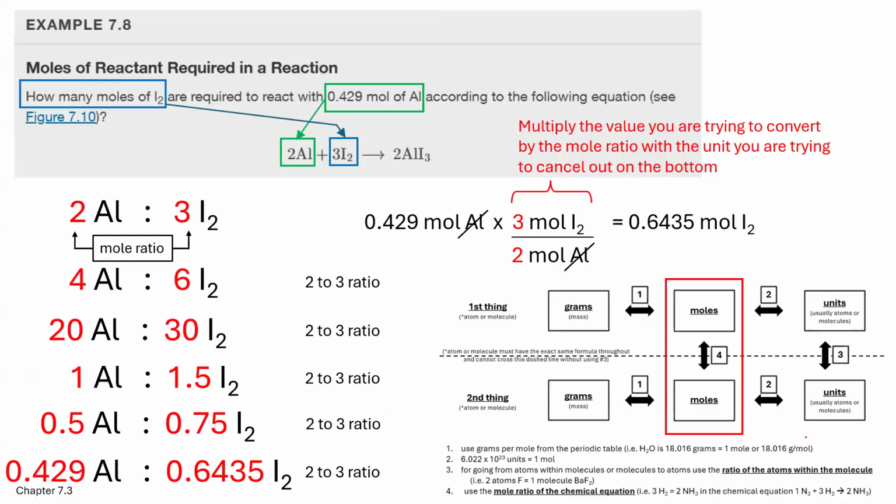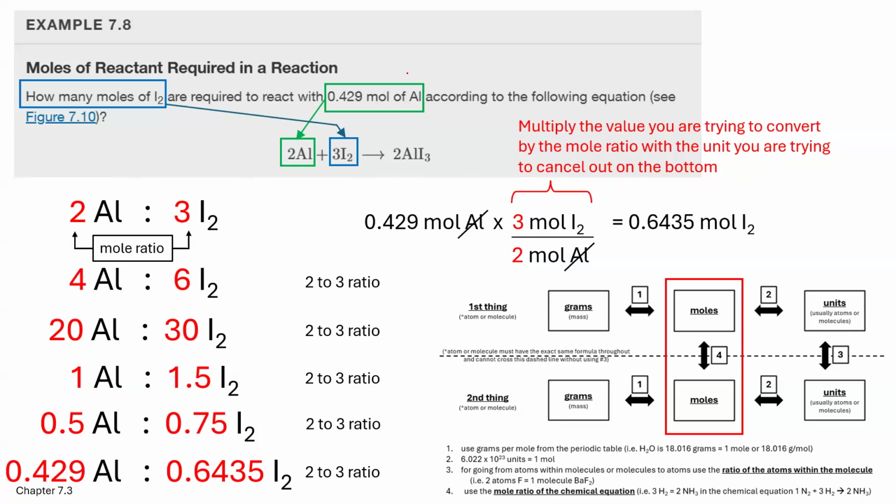All right, let's continue. So here's a problem that's going to come up, and it gets more complicated. The title is moles of reactant required in a reaction. They're saying how many moles of I2 are required to react with 0.429 moles of aluminum.